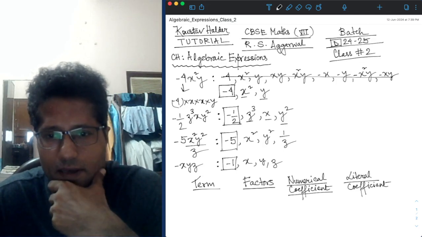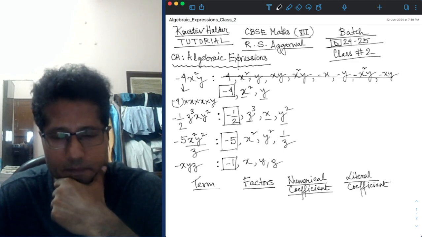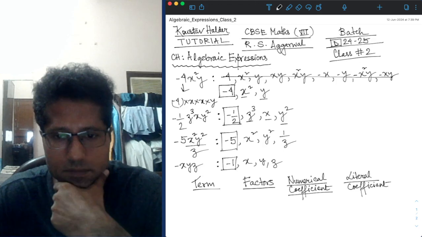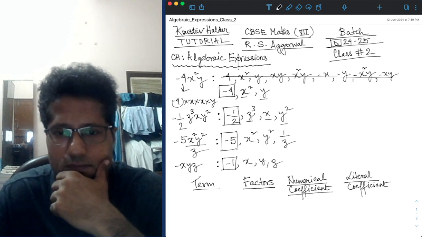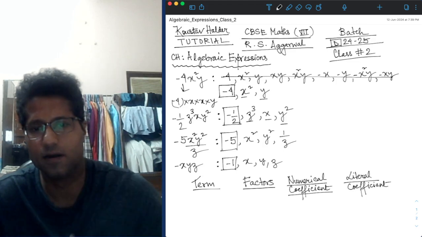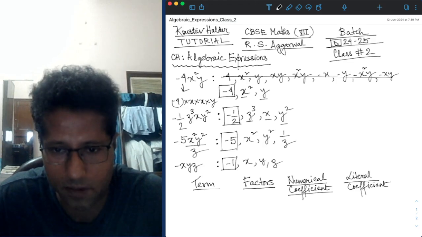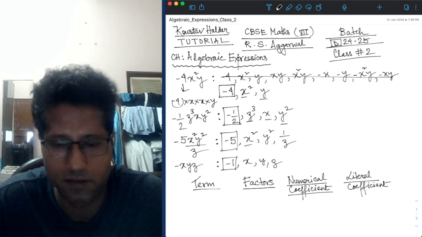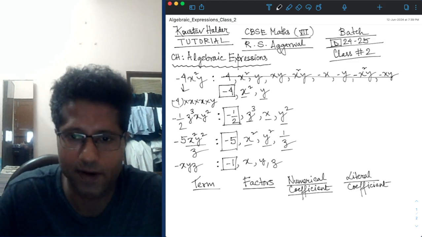So x square and y are the literal factors of the term minus 4 x square y. In the second term, z cube, x and y square are the literal factors. Similarly, for the third term, x square is a literal factor, y square is a literal factor, and 1 by z is a literal factor.